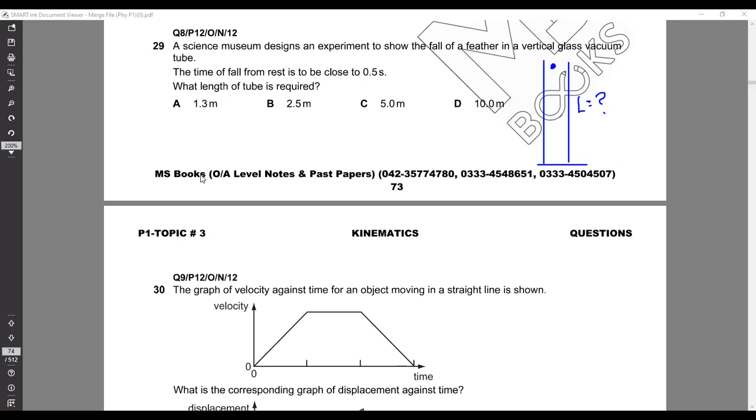It's actually an equation of motion question. I do tell you, write the data carefully: what things you have, what you have to find, and what's not discussed in the question.